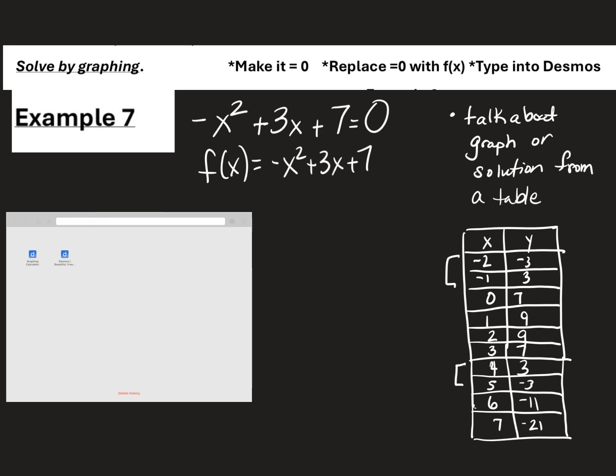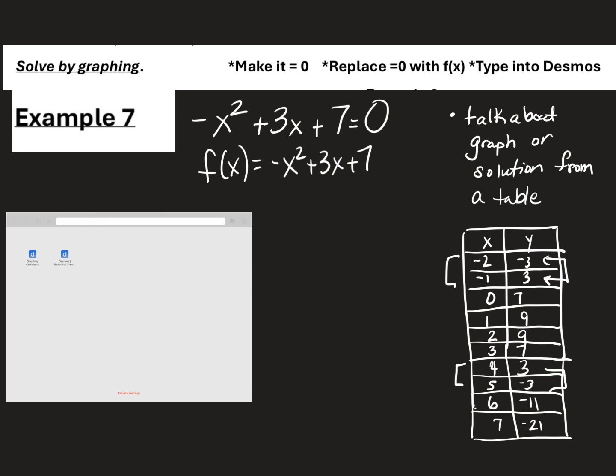If you look here, the sign for the y in the y column changed from negative to positive. So that tells me my solutions lie between -1 and -2. And then looking down the y, 7 is next, 9, 9, 7, 3, -3. So it changed from positive to negative. That's how I know that my graph crosses the x-axis between 4 and 5, because our sign changes from positive to negative.